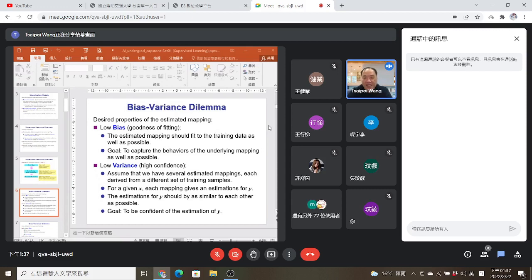And since they are not exactly the same, there will be variance among the models built with different subsets of your training data. Each time you do some sampling to get your training data, right, and build a model, there will be some difference. And that difference is the variance here.